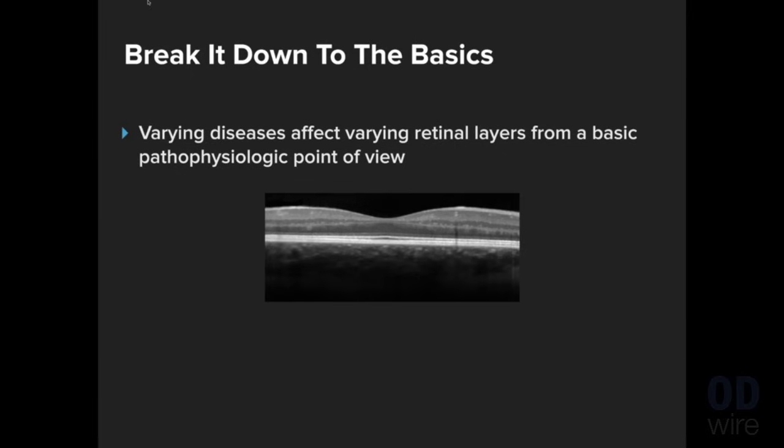You really don't need to know all of those layers and all of those different descriptions of how different diseases can affect each individual layer. Rather, it's much more simple to just break it down into the fact that varying diseases affect varying retinal layers from a basic pathophysiologic point of view.